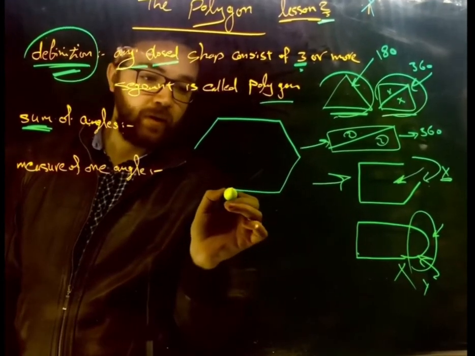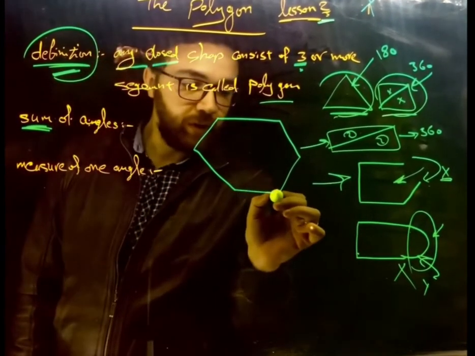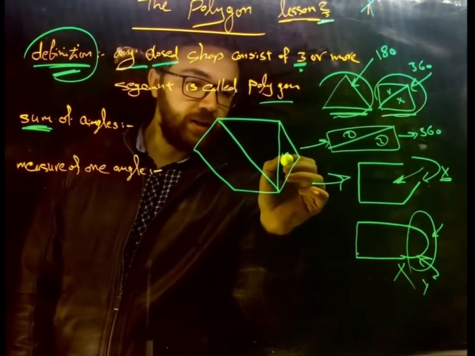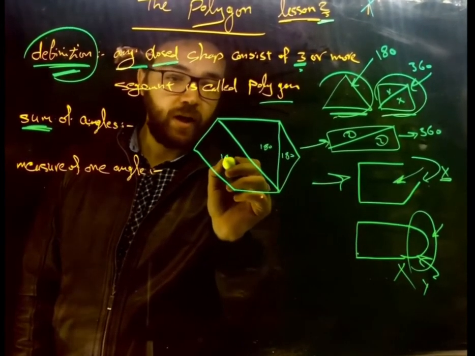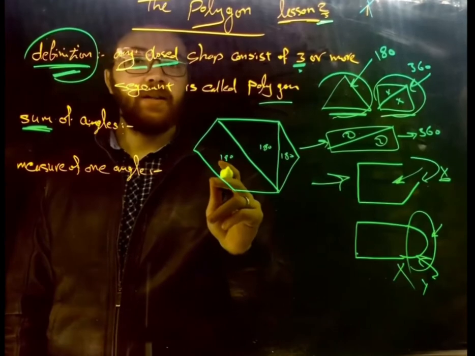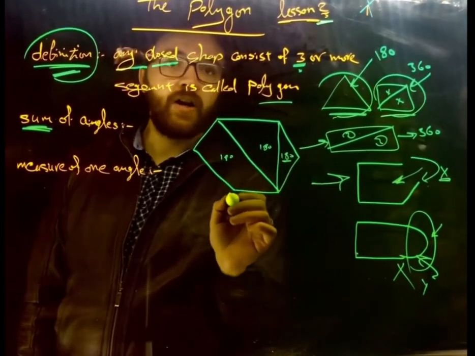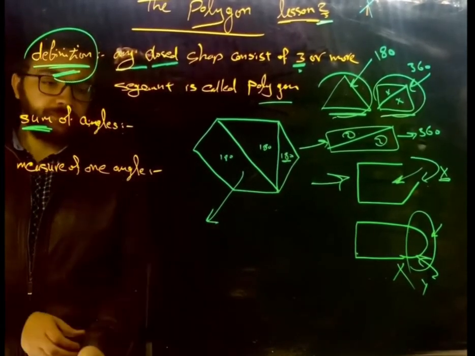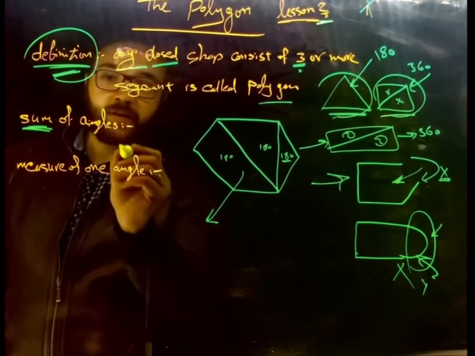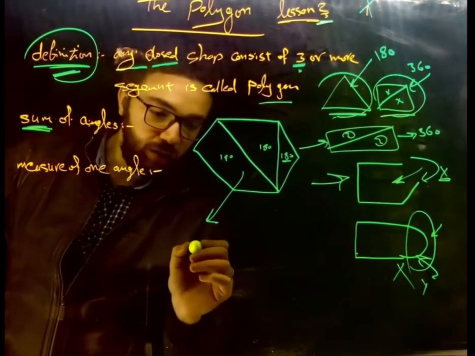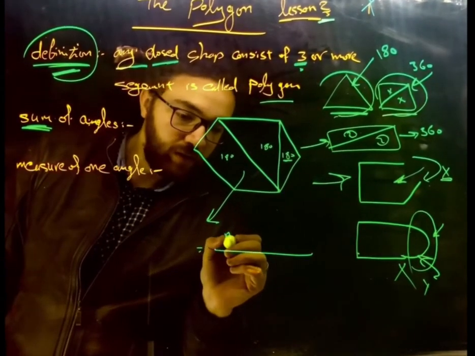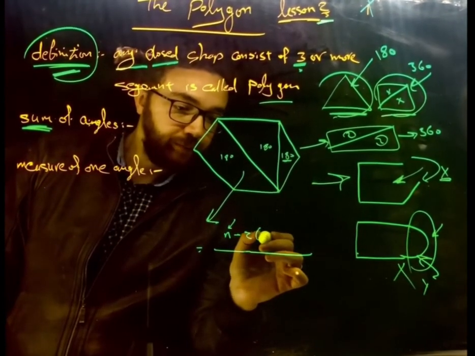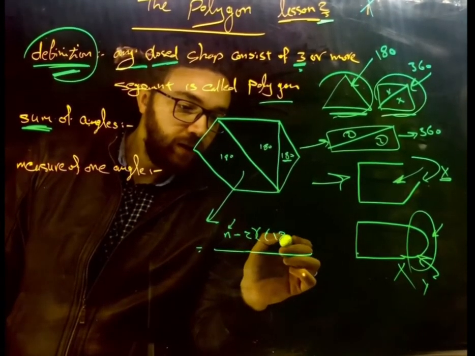For example, I have this shape. It will consist of 3 triangles, 180, 180, 180. The summation of the angles of this shape equals 180 times 3. From here, we can find that the summation of the angles of any shape equals n, which is the number of segments, minus 2, times 180.